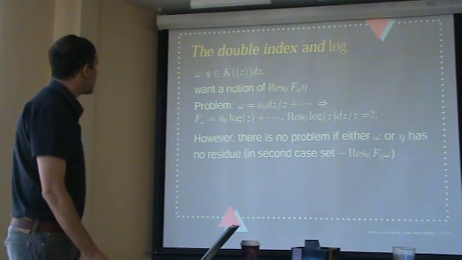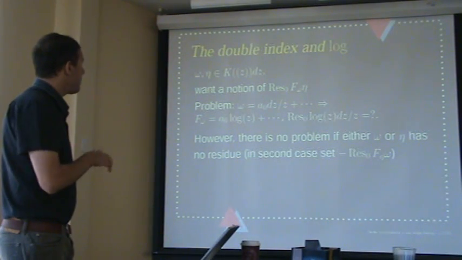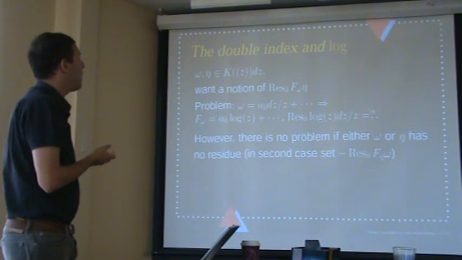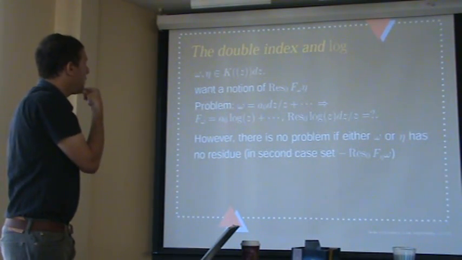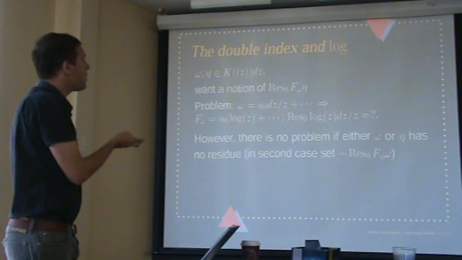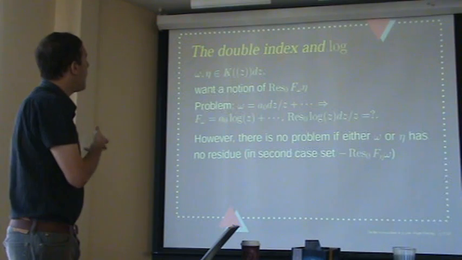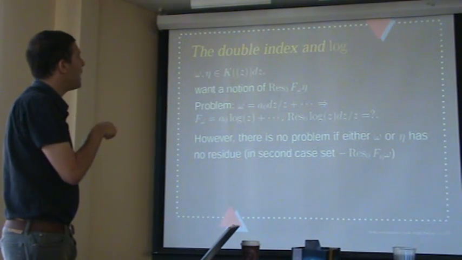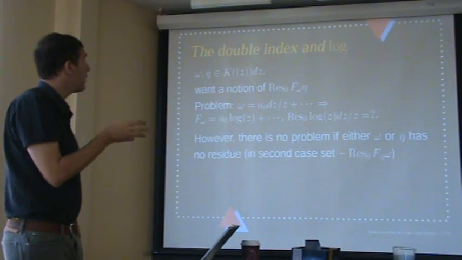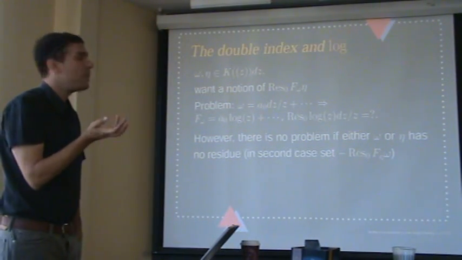Now, one thing we could start observing is that many times there's no problem, because if there's no log z in omega, then I have no problem. That means that omega doesn't have a component dz over z, so there's no residue. But also if eta has no residue, I'm still okay, because formally you would like to have that the residue of f omega times eta plus f eta times omega should be zero, because it's like the residue of d of f omega times f eta, so formally it should be zero.